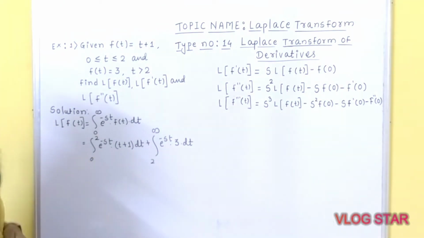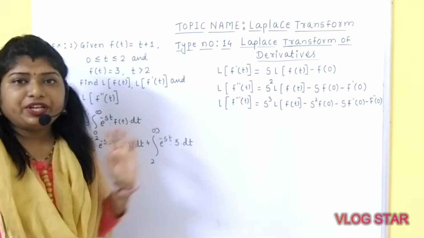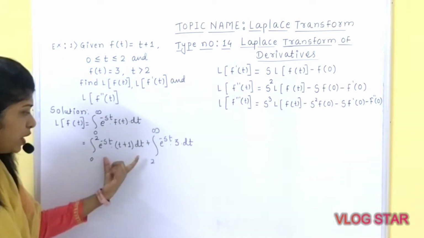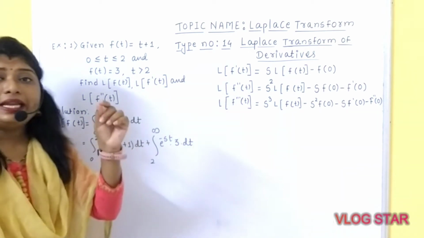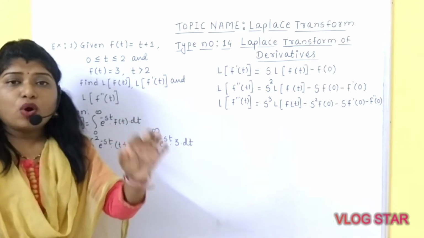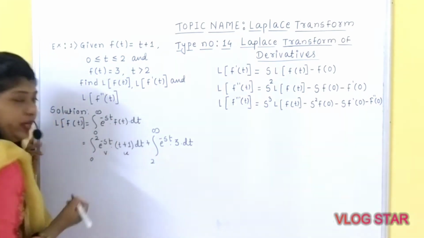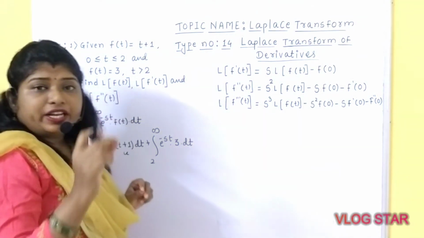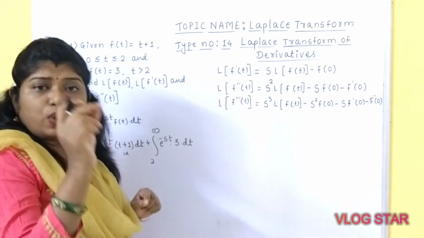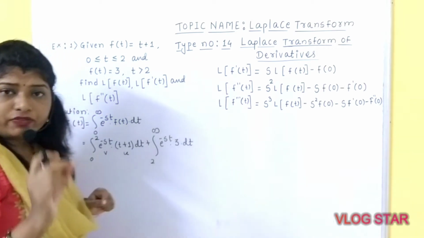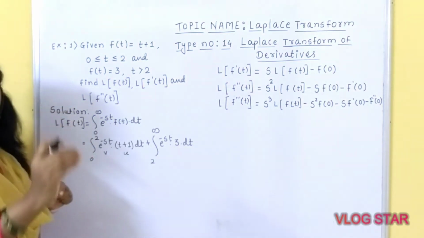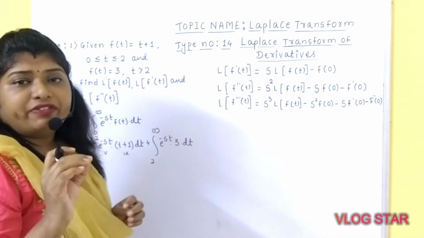Next procedure is what? We have to apply integration. If you observe carefully, you have to apply integration by parts. According to the LIATE rule, this is u and this is v. As per the integration of u into v, it is u as it is into integration of v, minus double integration of v into derivative of u.